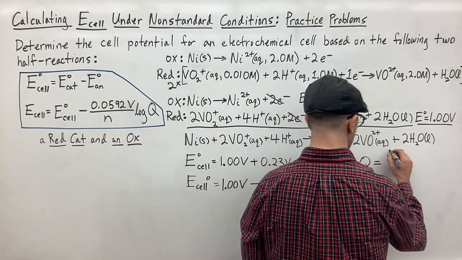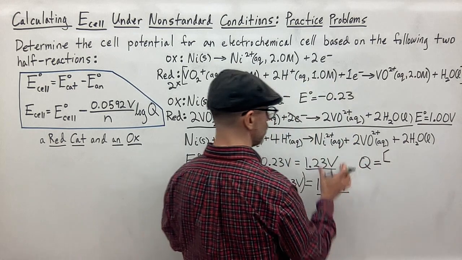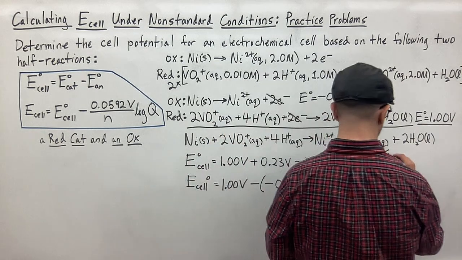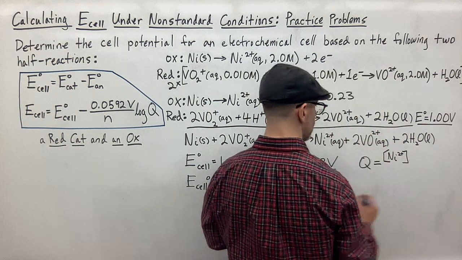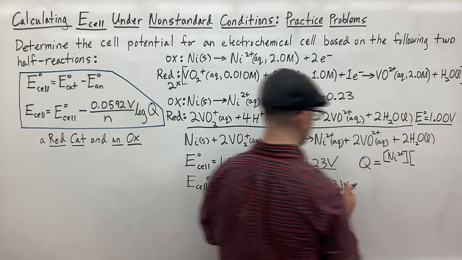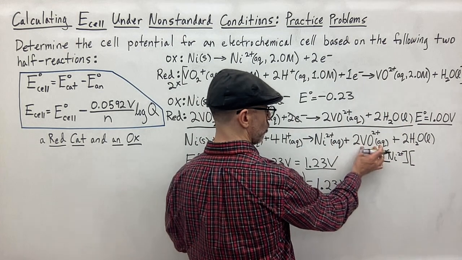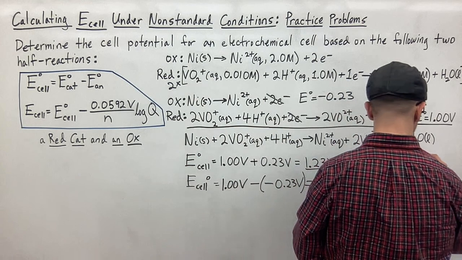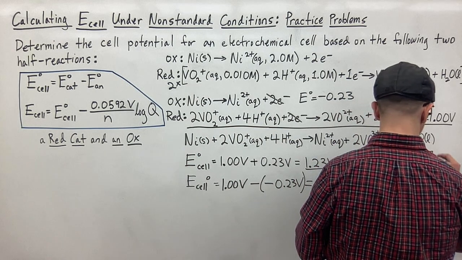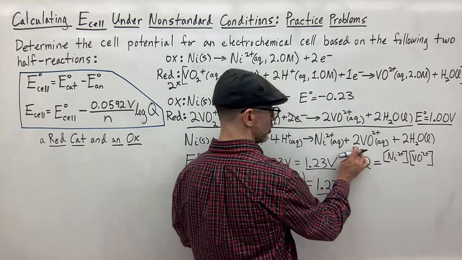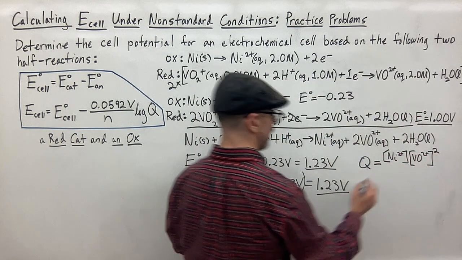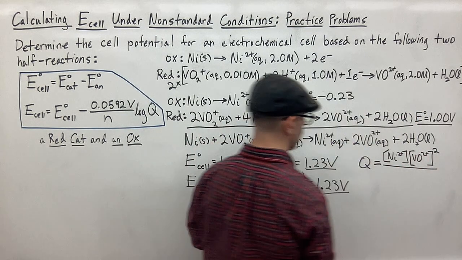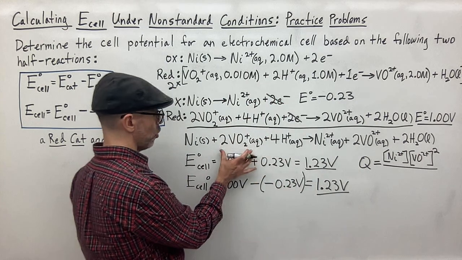So it's going to be products over reactants. So we have nickel 2 plus ion multiplied by the next one, which is VO2 plus. And there's a 2 there, so we're going to put a square there. And then we're going to put on the bottom your reactants.